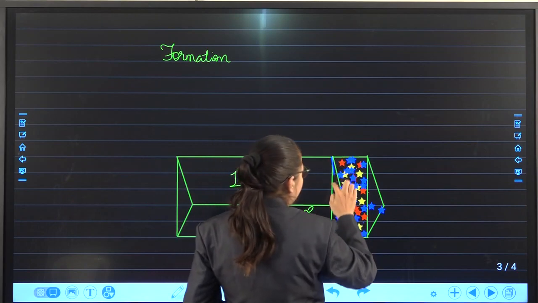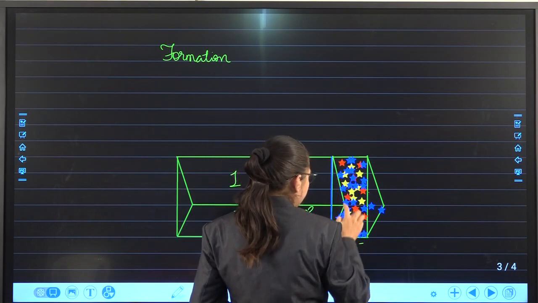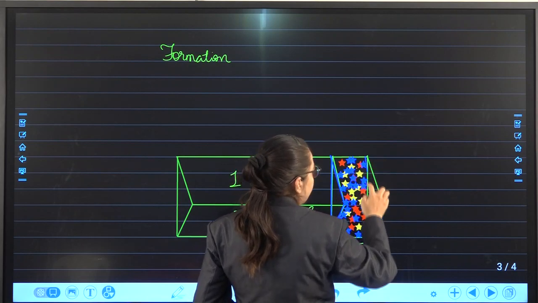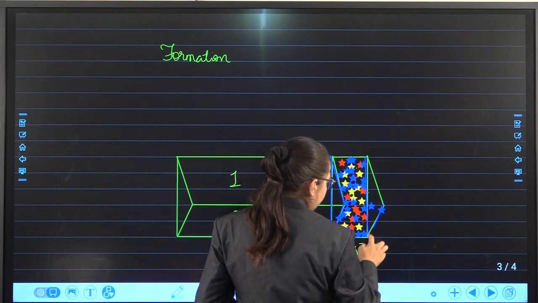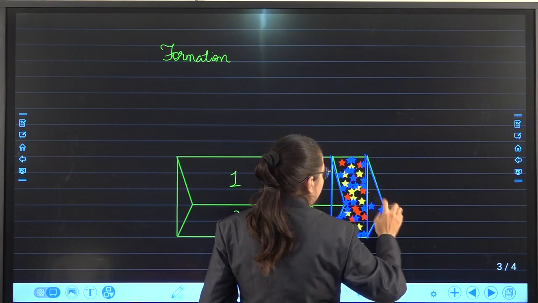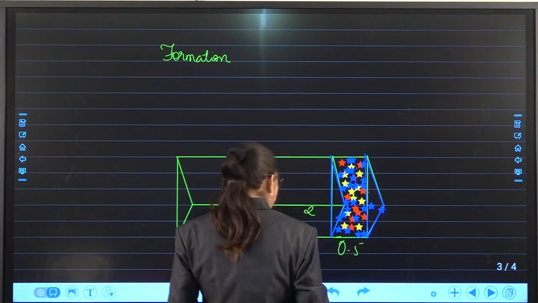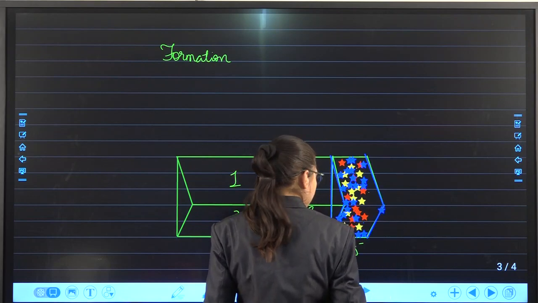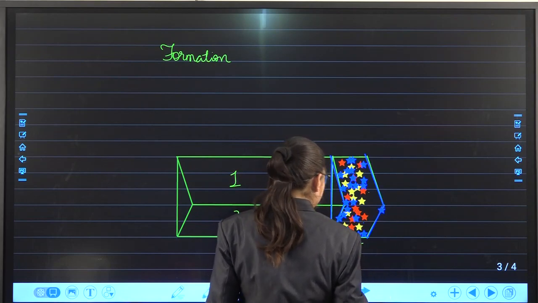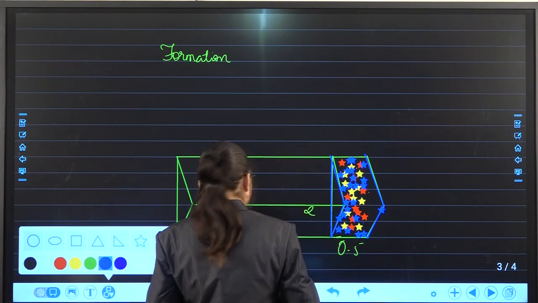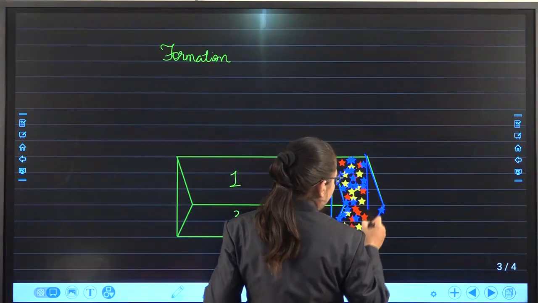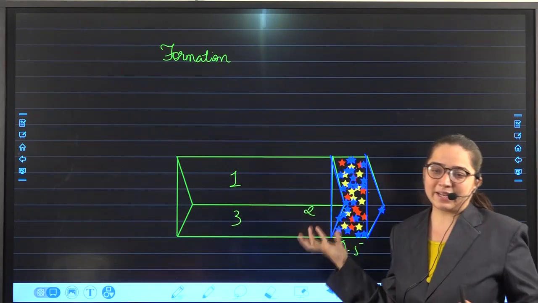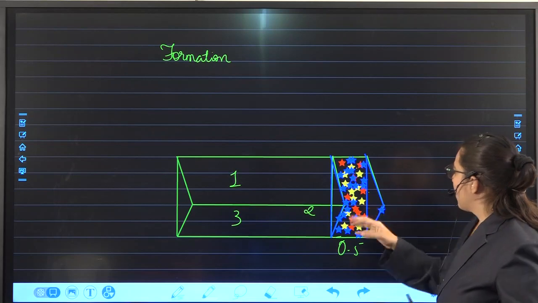The first one is over here. This is the second one over here. And between these two, put all the broken bangles pieces. Okay?